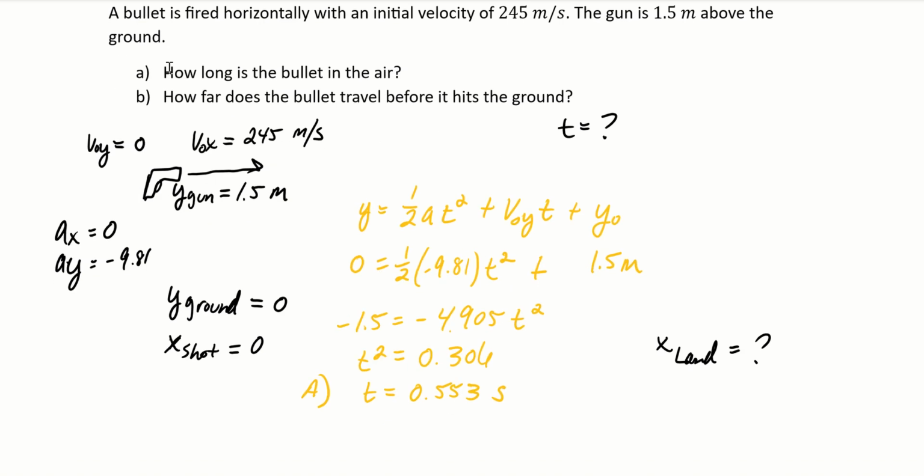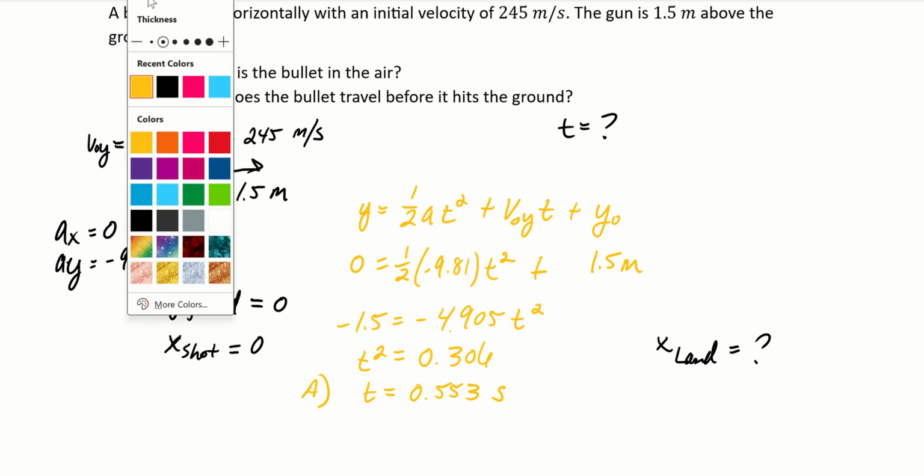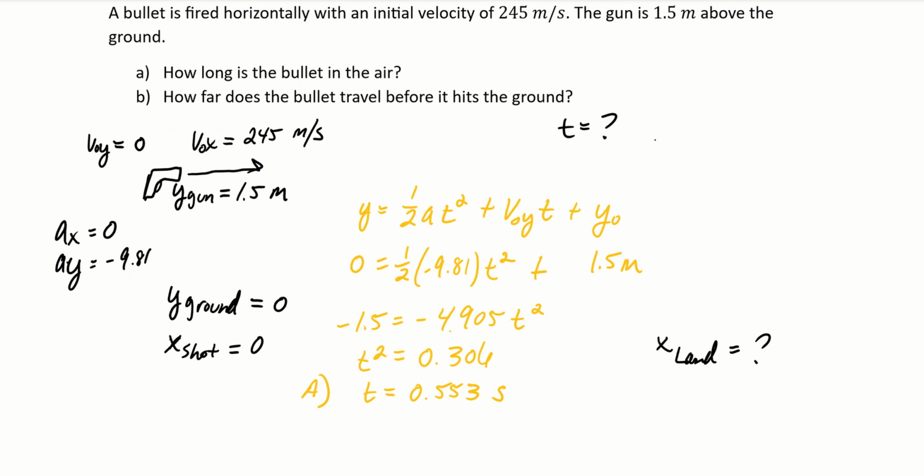Okay. Next, they're asking, how far does the bullet travel before it hits the ground? This is implying the x direction. So I know some things here. I'm going to move this so that we can see everything with our picture. But I know that now my time in the air is 0.553 seconds.